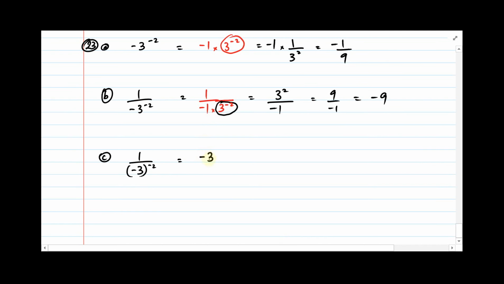So I would have negative 3 squared when I try to get rid of the negative power. So in the numerator, I simply have positive 9 over 1, which is 9. Okay. Alright. There, 24.